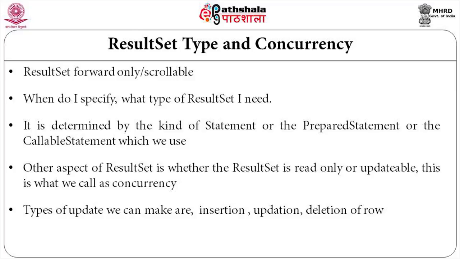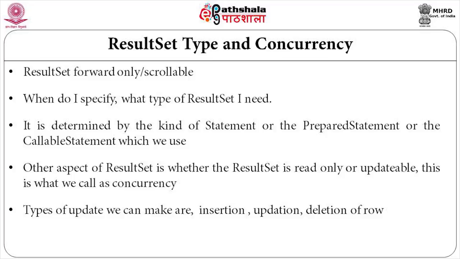But where do I specify what type of result set I need? It is determined by the kind of statement, prepared statement or callable statement which you use. How do you create a statement? Using createStatement in the connection.